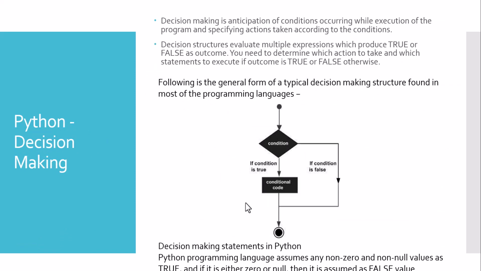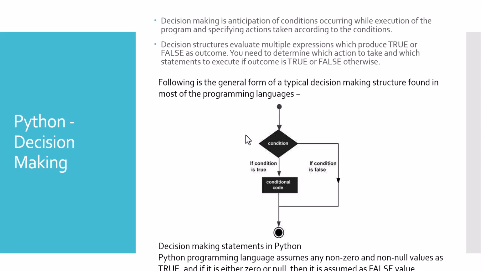Okay, then next move to the Python decision making. Decision making is anticipation of the conditions occurring while the execution of the program and specifying actions taken according to the condition. See, decision structures evaluate multiple expressions which produce true or false as outcome.